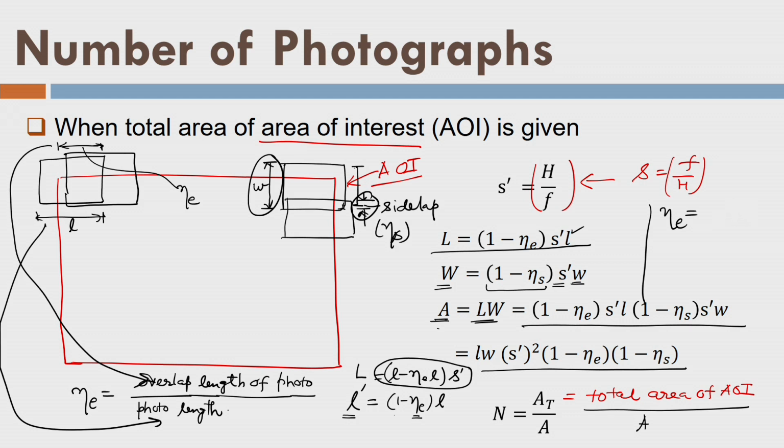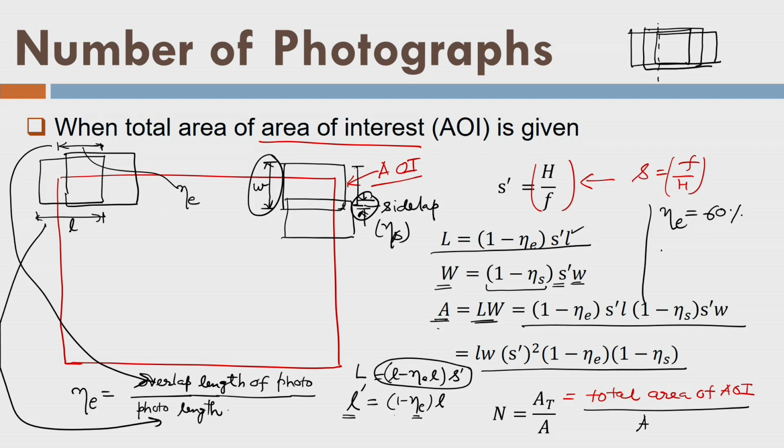If I have this photograph here, and I exactly have the 50% overlap, it will be like this, and in order to avoid any chance that because of some random error I lose it, we keep minimum 60% end lap. That means I am having this much overlap like this, fine.